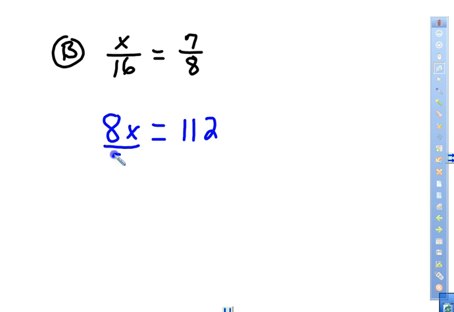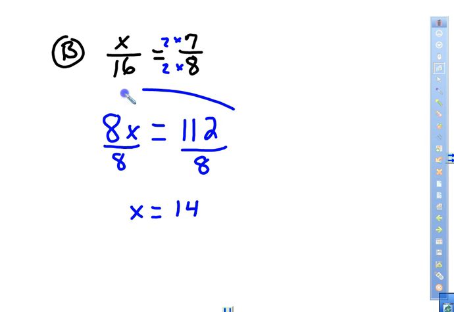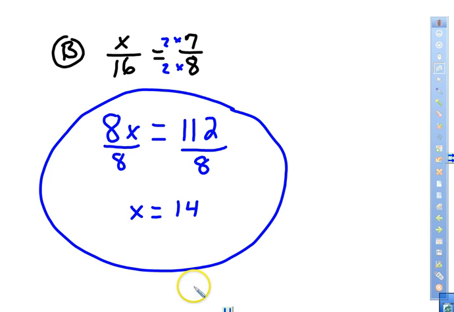And then we're going to divide this side by 8 and this side by 8 to get x equals 112 divided by 8, and that gives me 14. You can always plug 14 back up here or check and say, well, times 2 gives me 16, so times 2 with 7 gives me 14, and that is what we get for an answer. This is what I'm looking for on your homework today.